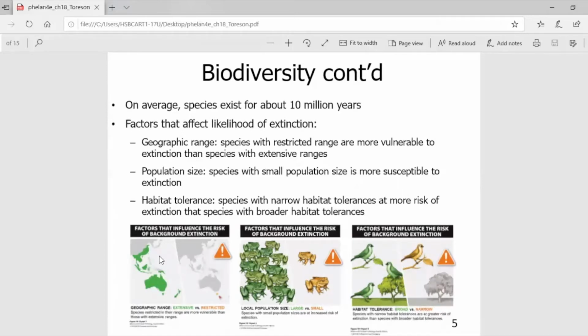So the more spread out, the bigger range a species has, the less likely it is to become extinct. The middle panel illustrates population size.